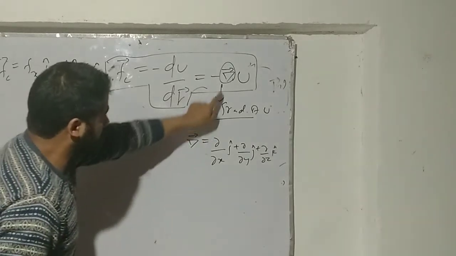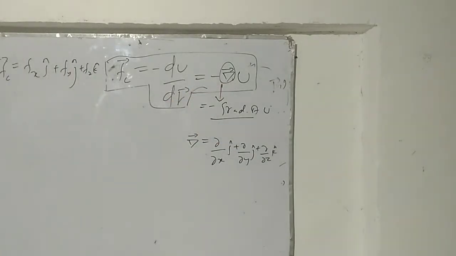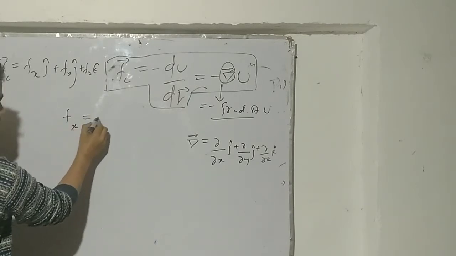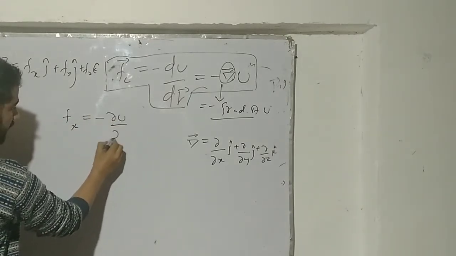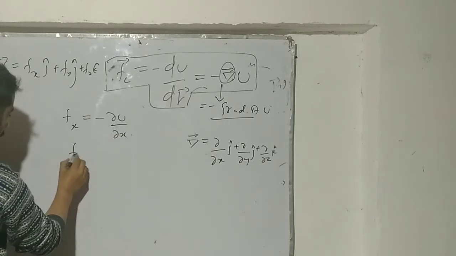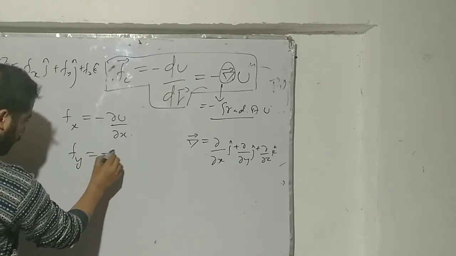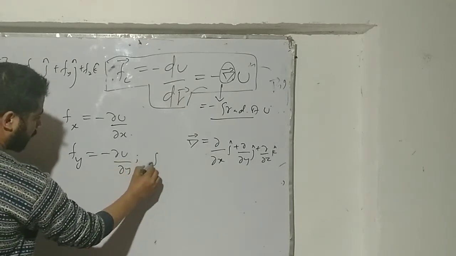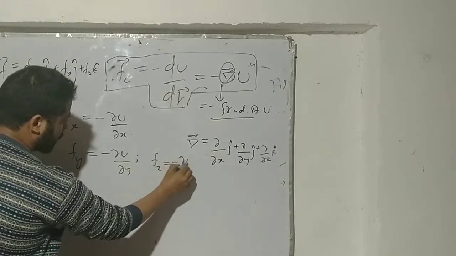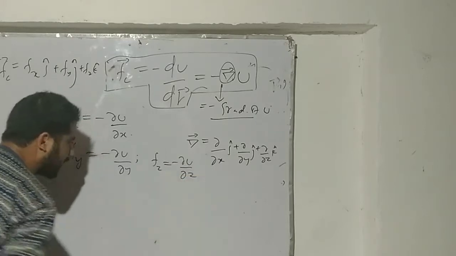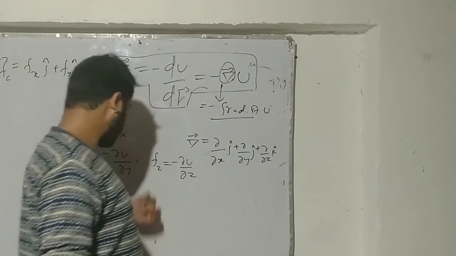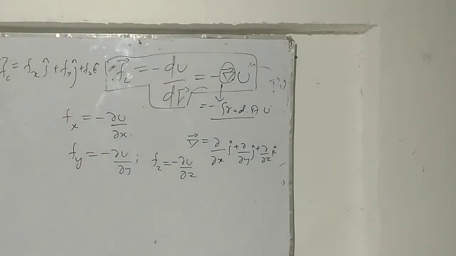If I put this in here, what I get is F_x equals minus partial U by partial x, number one. The second component, F_y, is minus partial U by partial y, and my third component F_z is minus partial U by partial z. This is how we can write the components of force in terms of the potential energy derivatives.